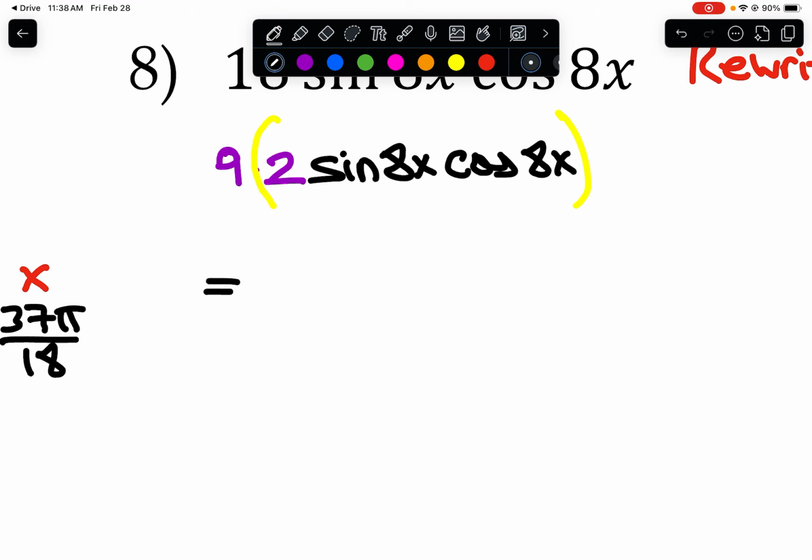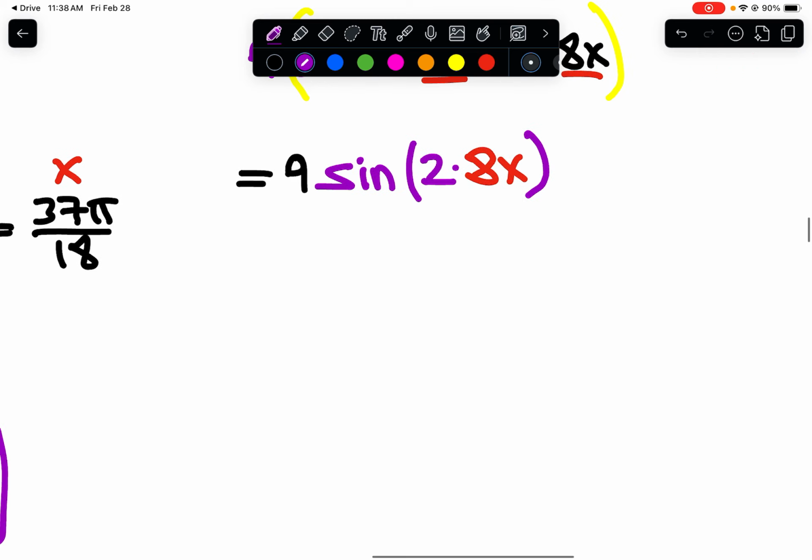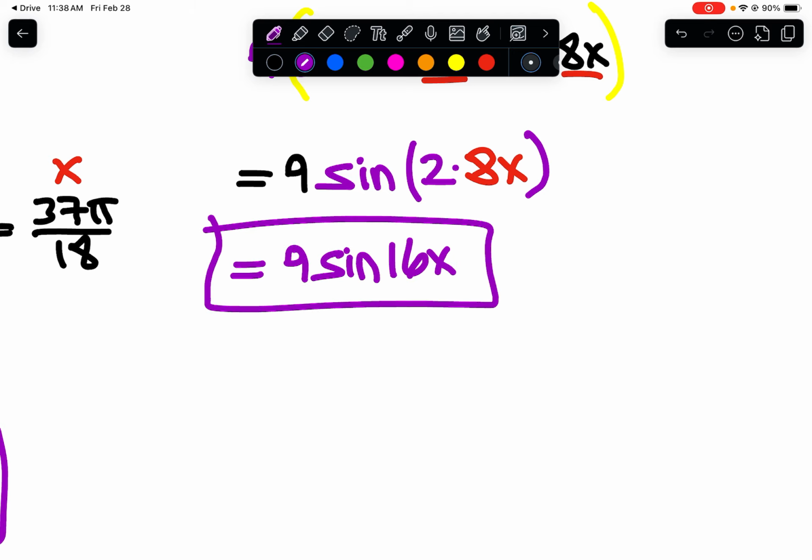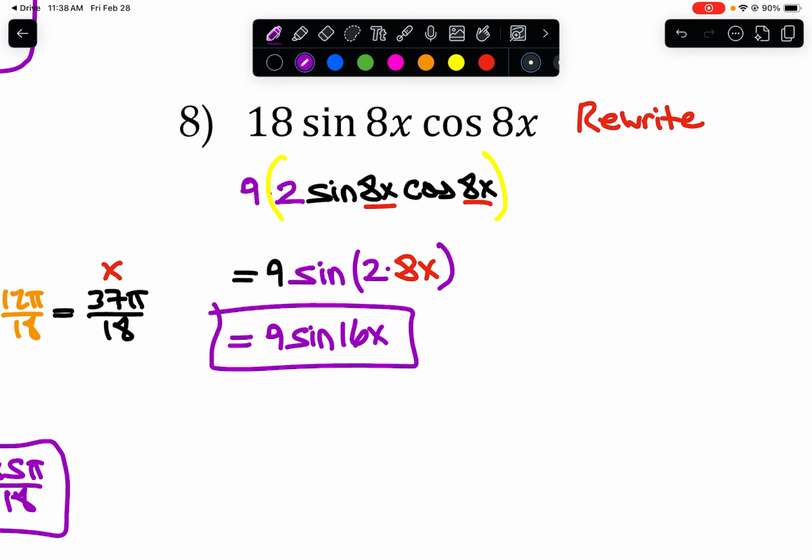So I'm going to leave that 9 out in the front, and then we're going to have sine of 2 times that angle in question, which in this case is going to be 8x. So then you're going to rewrite it as 9 sine of 16x, and that would be how you rewrite. So that's all that's going to be expected on these types of questions when you're rewriting. You're going to be looking for equivalent forms.